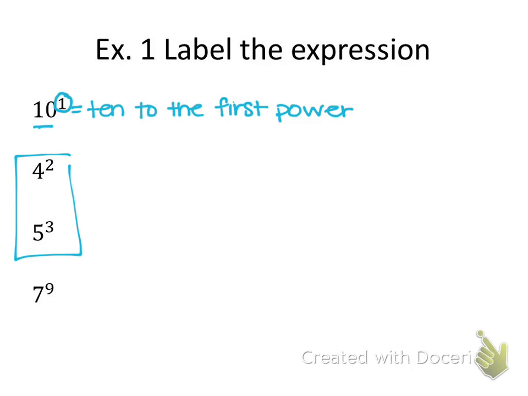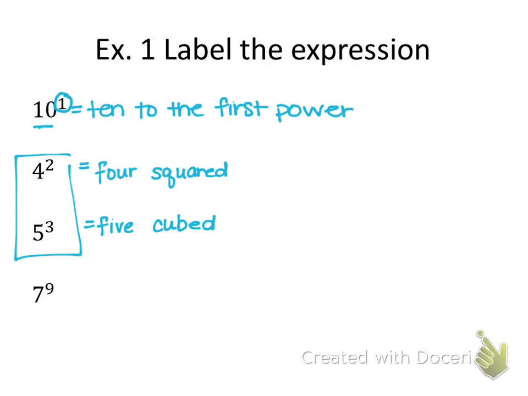They think squared is 3 and cubed is 2, but it is not. So just remember, squared means it has an exponent of 2, and cubed means it has an exponent of 3. So I would write this 5 cubed. And again, you always start with the base first.